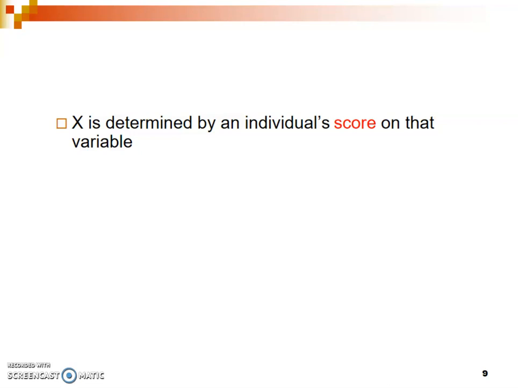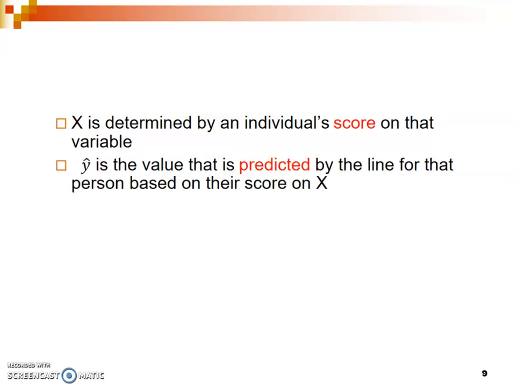Talking a little bit more about the other things in this equation, the x is always going to remain just x in your equation. That's where you're going to plug in different values to get what the equation is solving for, which is y hat. It's the y with a little hat on top of it. The reason it's called y hat is because this refers to the value that's predicted for your y.